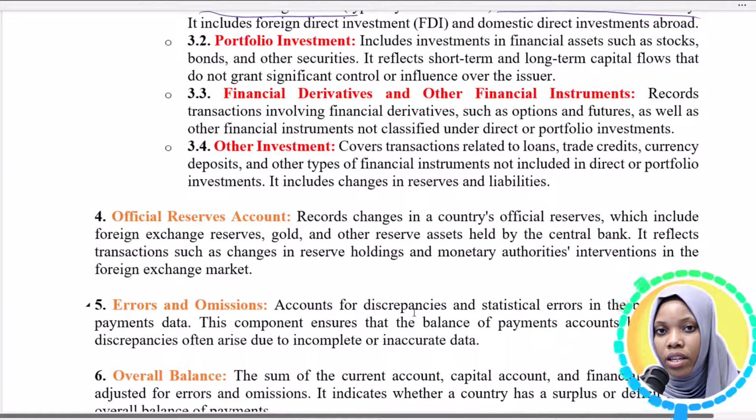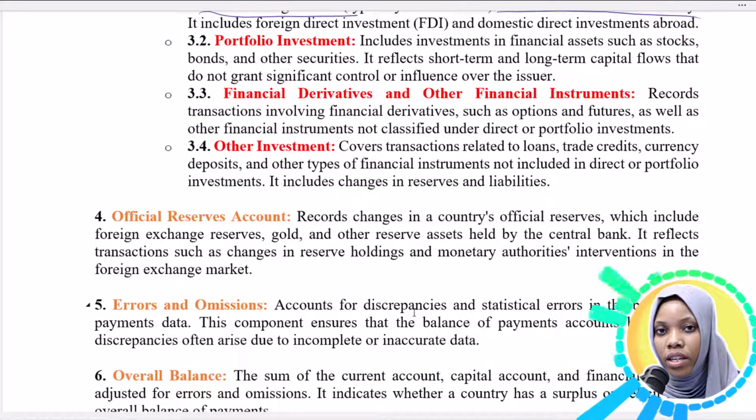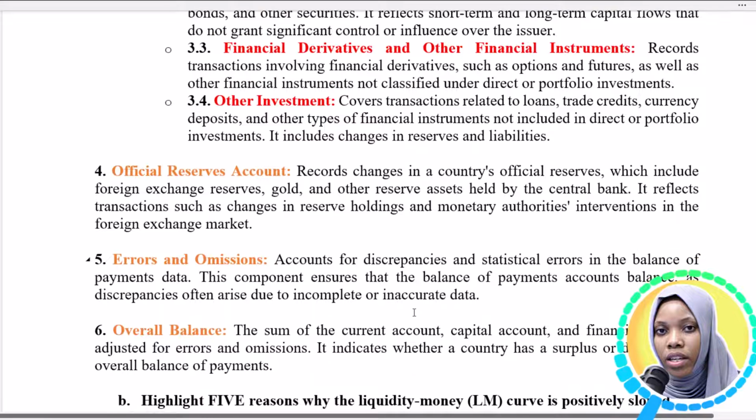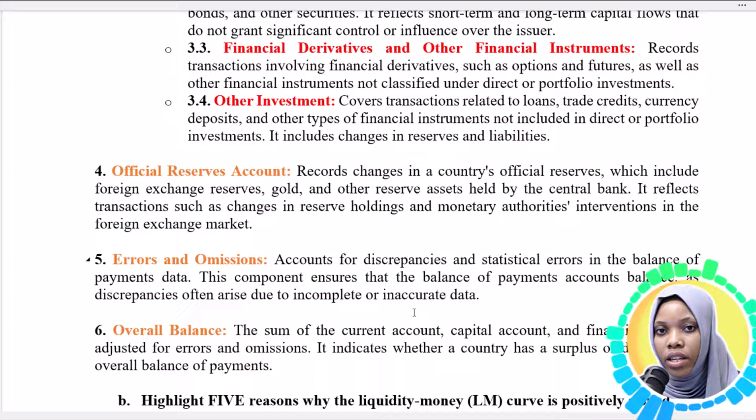Then component number 4 is the official reserves account, which records changes in a country's official reserves, which include foreign exchange reserves, gold, and other reserve assets held by the central bank. And then the errors and omissions account accounts for discrepancies and statistical errors in the balance of payments data.